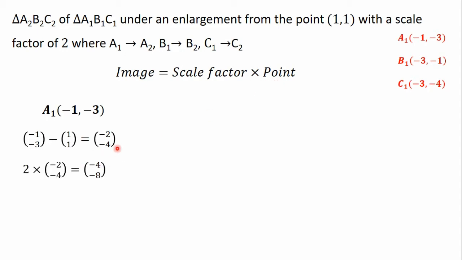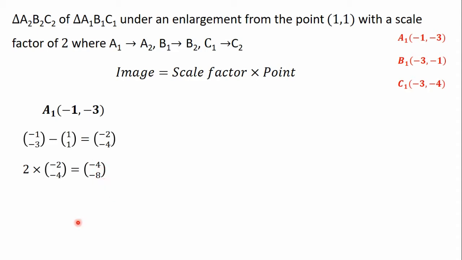So the image of the point -2, -4 will be equal to the scale factor, which is 2, times the point, which is -2, -4. 2 times -2 gives us -4. 2 times -4 gives us -8. So after enlarging the point -2, -4 from the origin with a scale factor of 2, we are getting -4, -8.